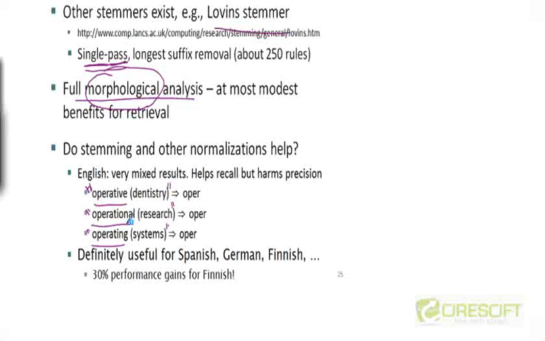If these three words beginning with an O get converted into OPER, then consider a document like operating a database system. So by converting, well, this is an example where it won't make any difference, but here's another example, operating a dentistry business.